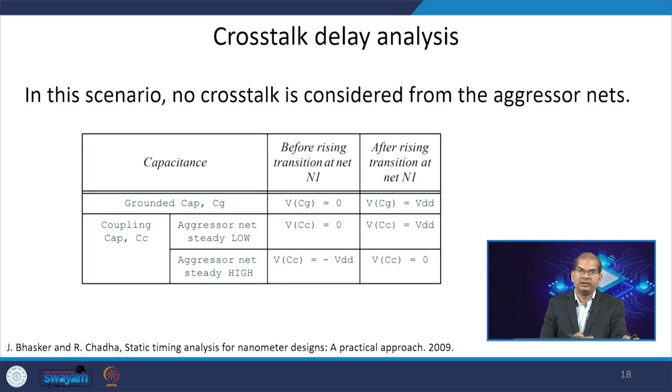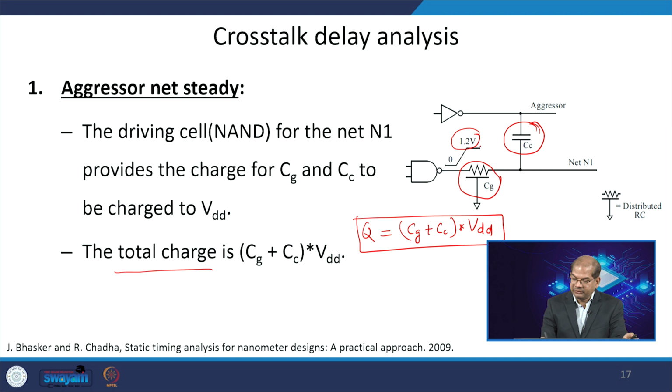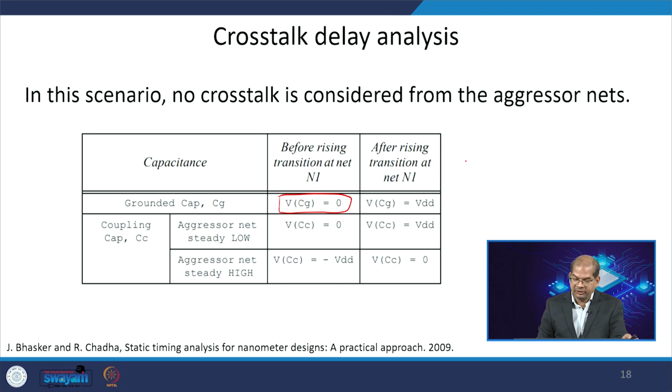So, what is the voltage before and after the transition? Let us say V of Cg is 0 initially, and it is moving to 1.2, so the Cg will be VDD. Basically, there are two conditions possible when this transition is happening. Your aggressor net may be low, if your VCC is 0.